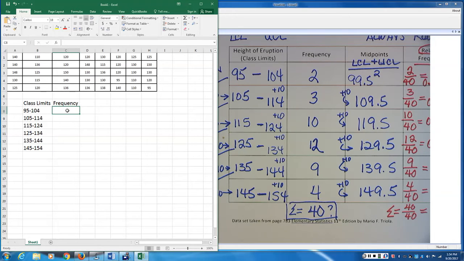And then type in your frequencies. Type your frequency distribution into Excel. If you don't want to put the data table in there, you don't have to. That's a lot of entry work if you're going to enter it by hand. Give everybody a minute to get your table built.